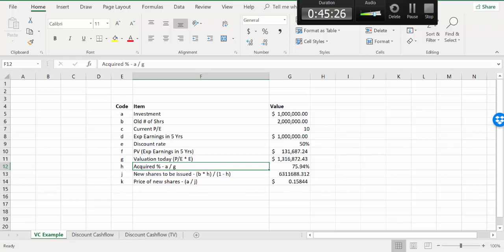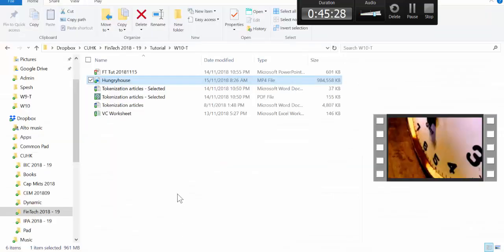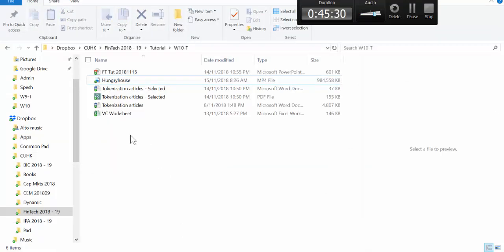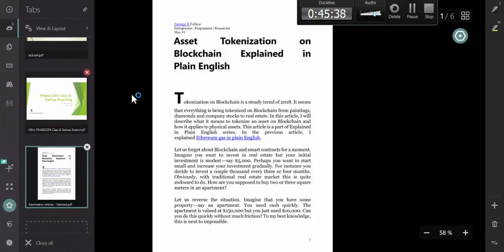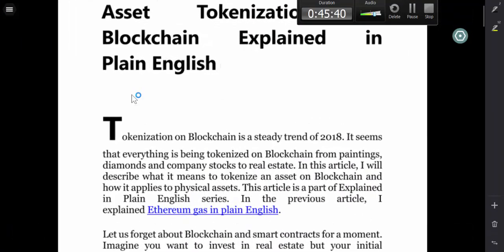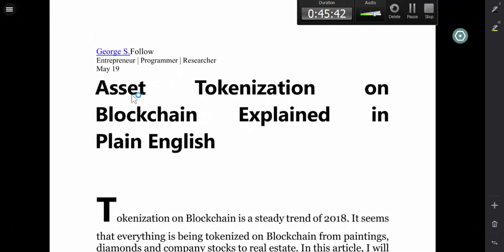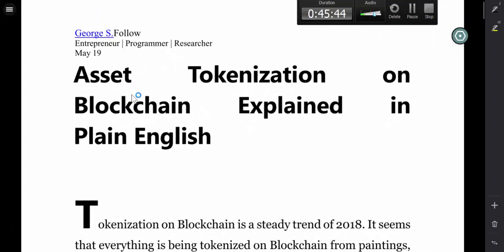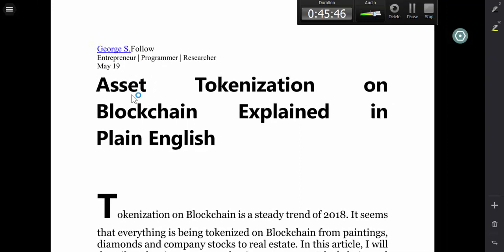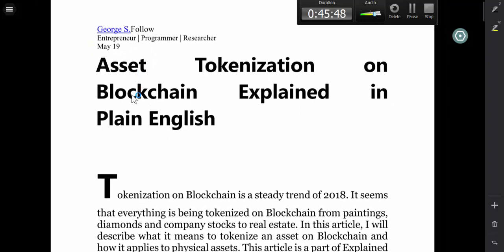I want to, just before we say goodbye, have a look at a couple of articles on tokenization. Now, I do so at the instruction of Xin-Ming. So he wants me to go through this with you, and I'm going to upload these.